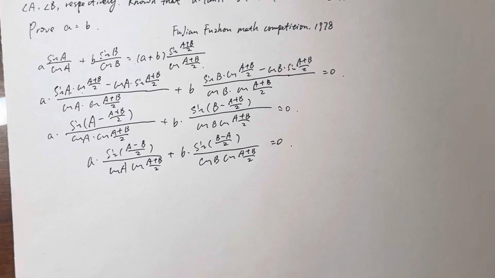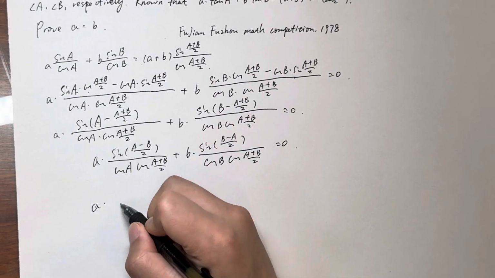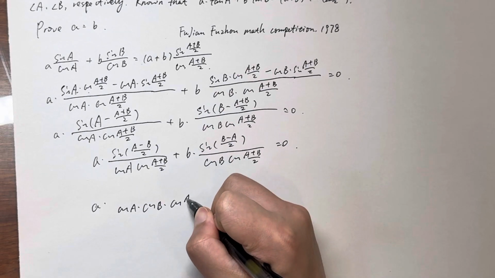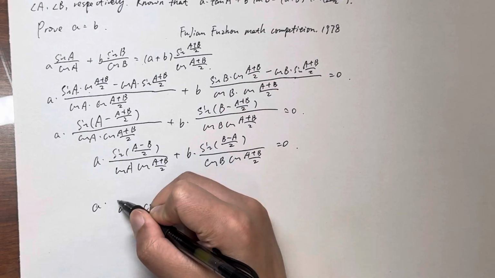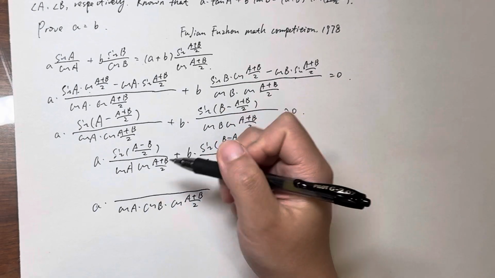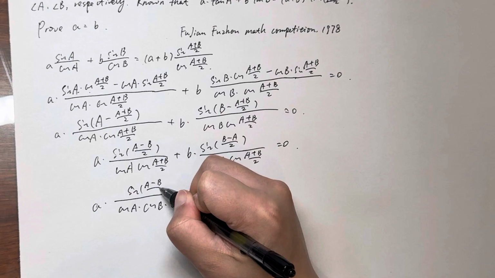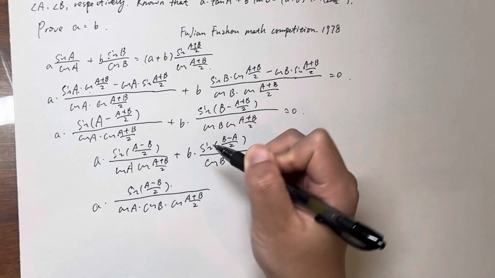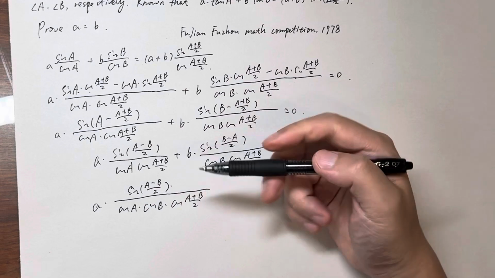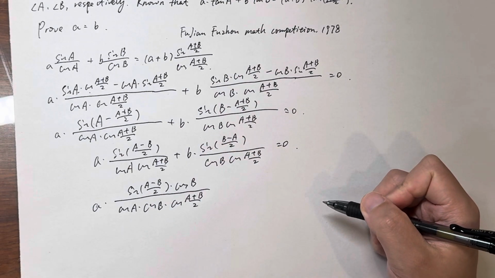So this can be rewritten as a times cos A cos B cos of (A plus B)/2, and here we have sin of (A minus B)/2 times, so this one we times cos B, right?